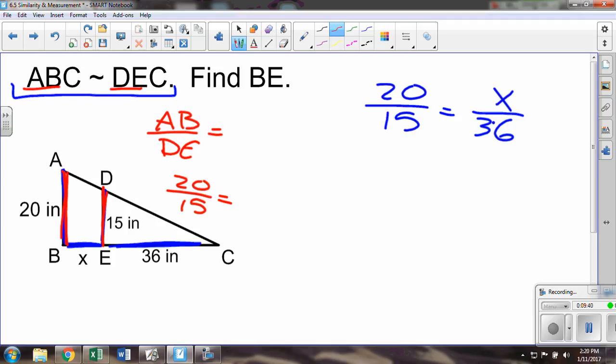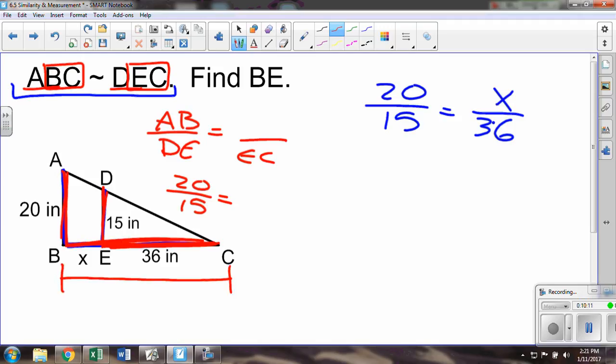The problem that we're running into then is when we look at this smaller triangle right here, this length of EC for the small triangle, EC is position 2, 3. It corresponds then with position 2, 3, which is length BC, and BC is the entire side. It's not just the X. It's everything all the way across.